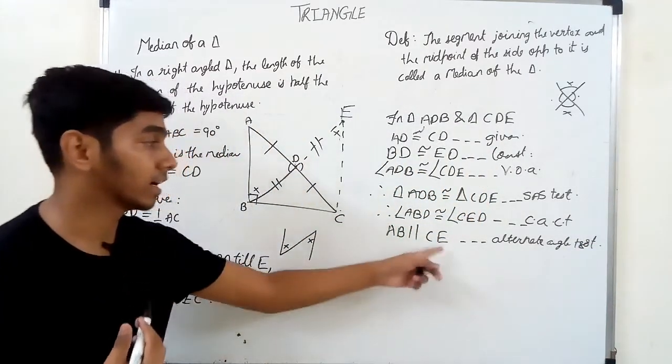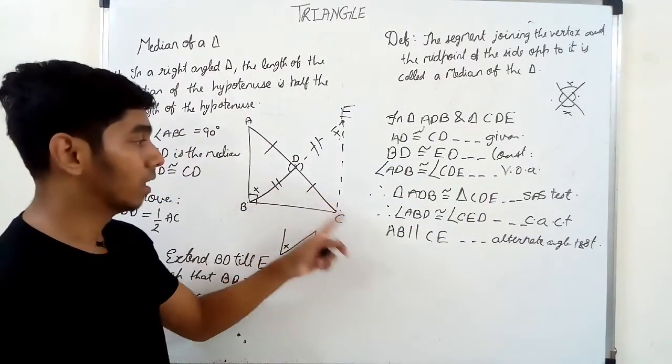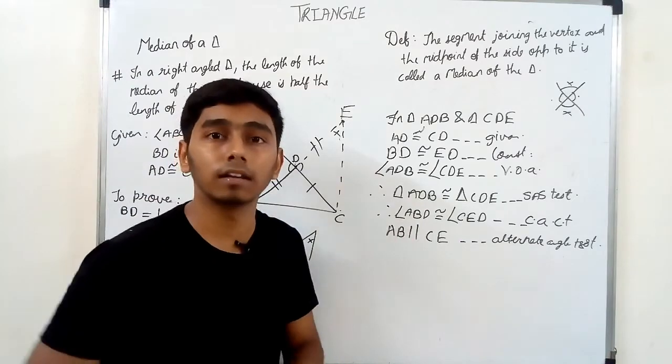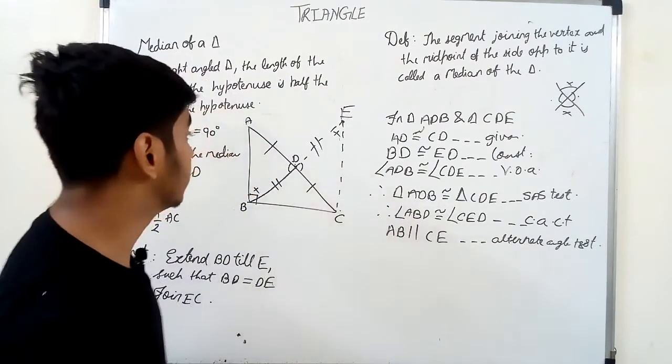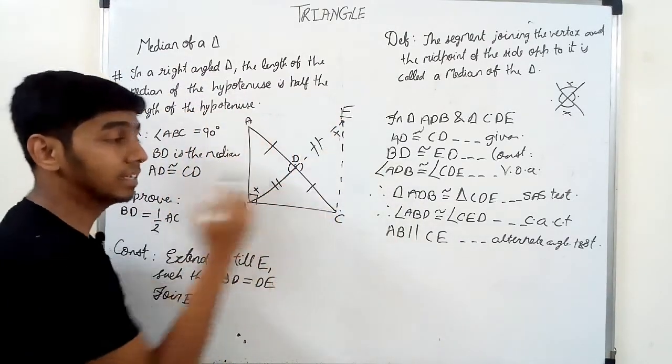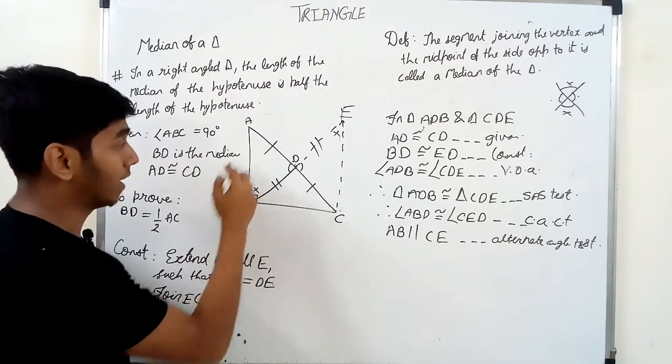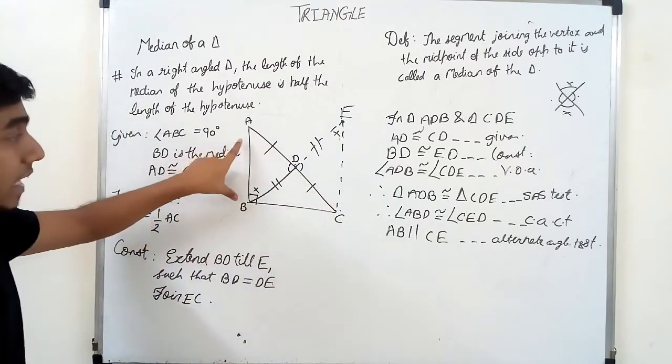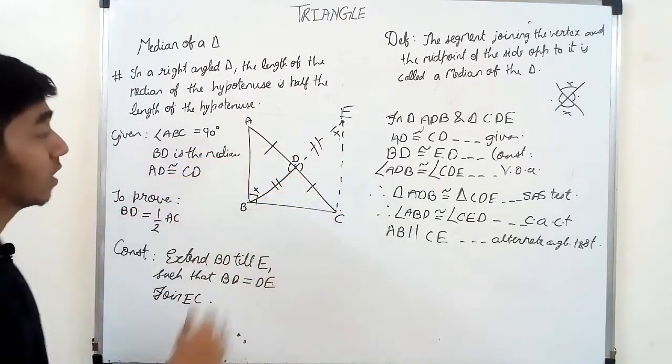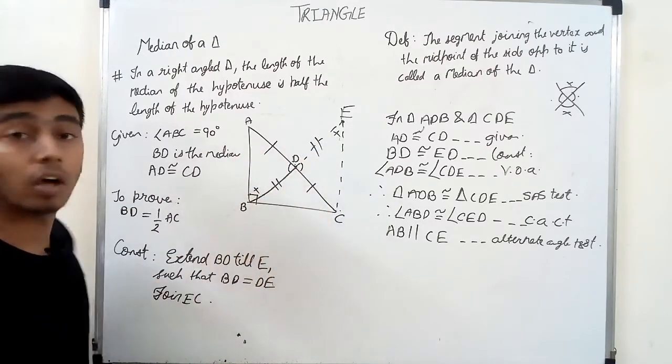Okay, alternate angles test, correct? By alternate angles test, these two are parallel. AB and CE are parallel, and also these alternate angles are congruent.